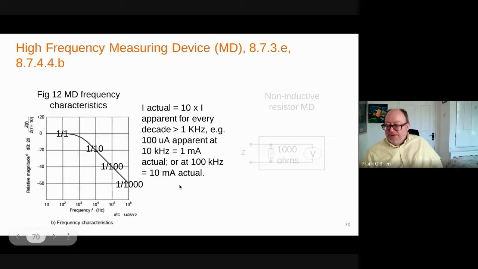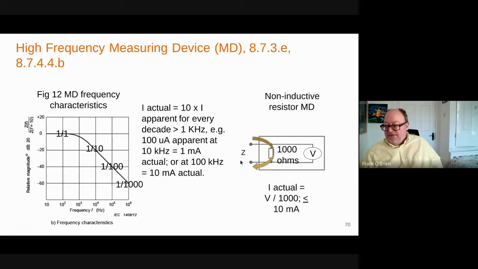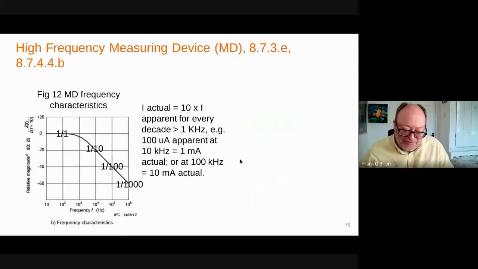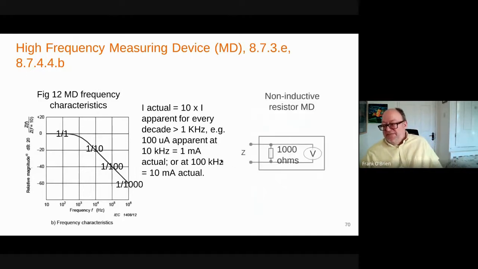So this one will tell us, oh, sorry. Oh, this one will, never mind. When you do it with the figure 12, there's that trick going on. But as long as you comply with the table, you were within the limit. The limit being, say, at 10 kilohertz, that there was really a milliamp, and yet you calculated 0.1.